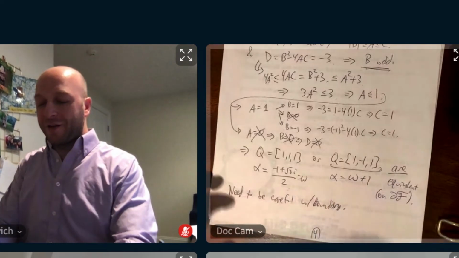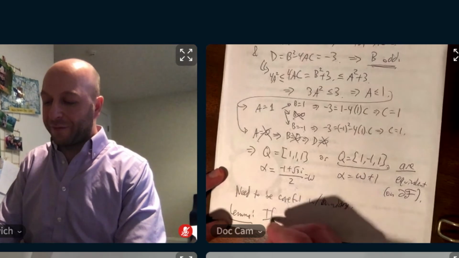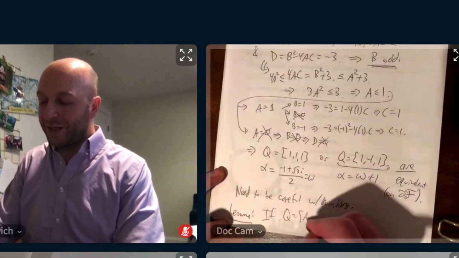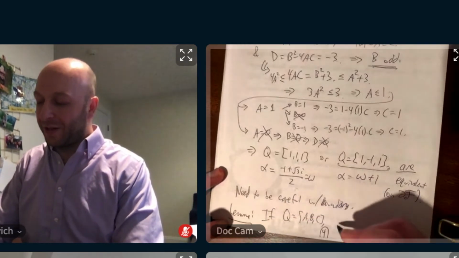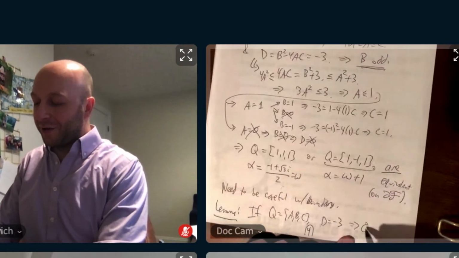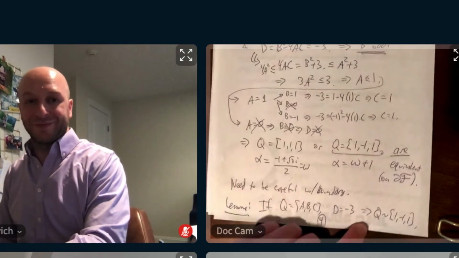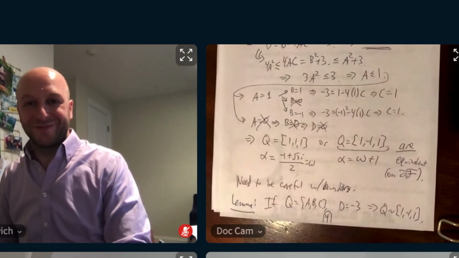But since we were careful with the boundary, we can prove a lemma. If Q is ABC and the discriminant is -3, then Q is equivalent to the norm form of the Eisenstein integers. Cool? Does everybody see that?